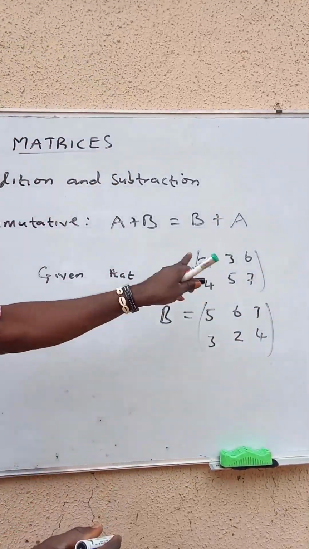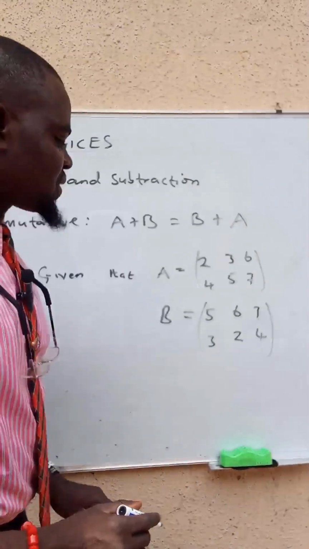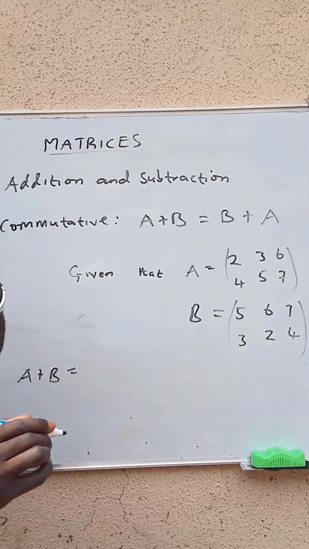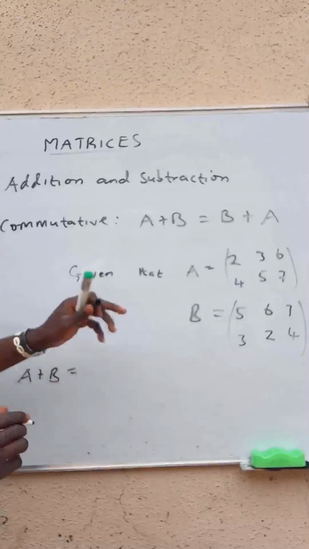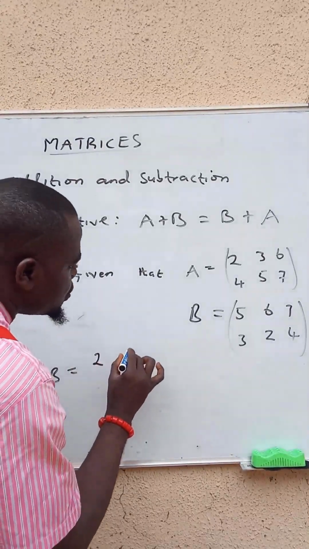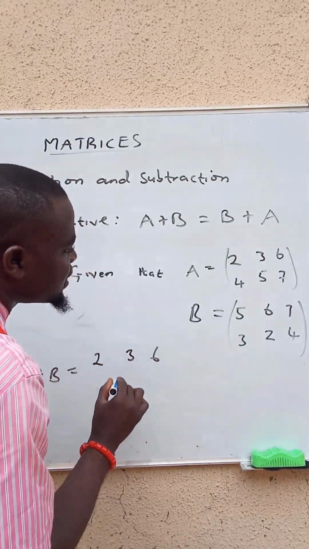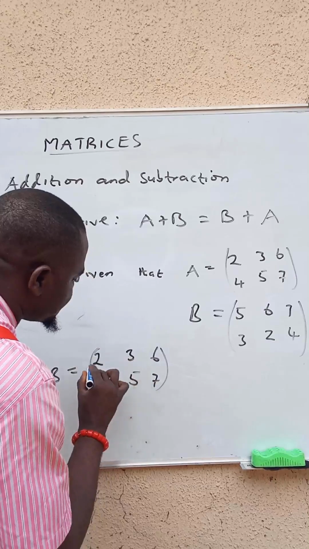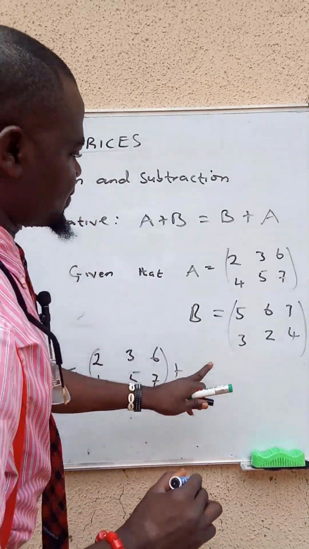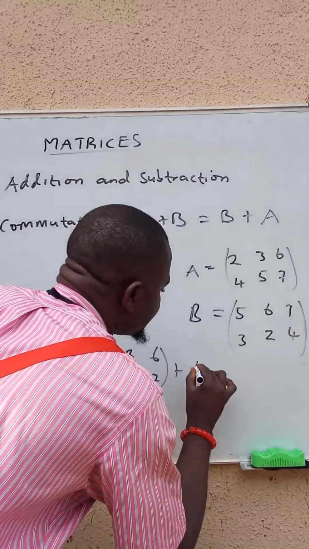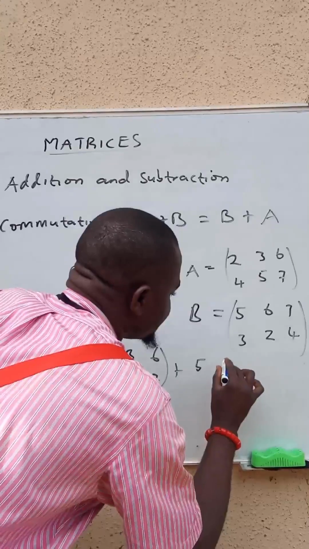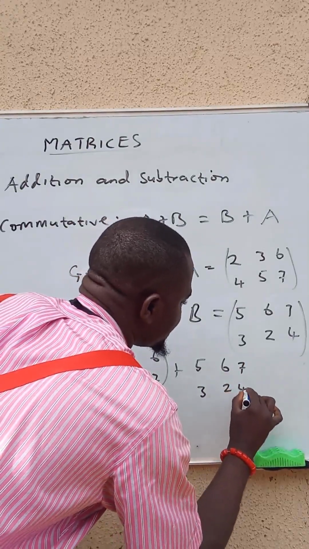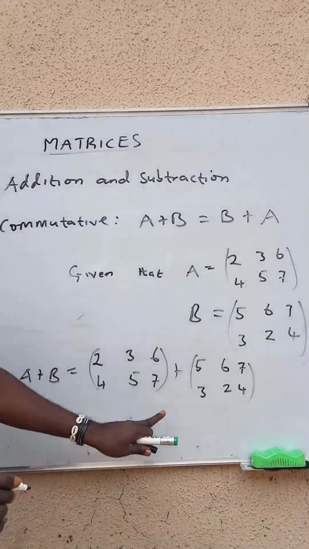And they say I should show that A plus B equals B plus A. This is 2, 3, 6, 4, 5, 7 plus 5, 6, 7, 3, 2, 4. Now this is A plus B.